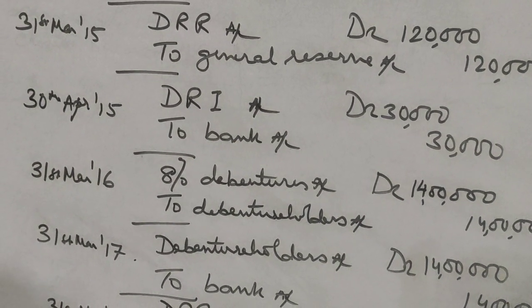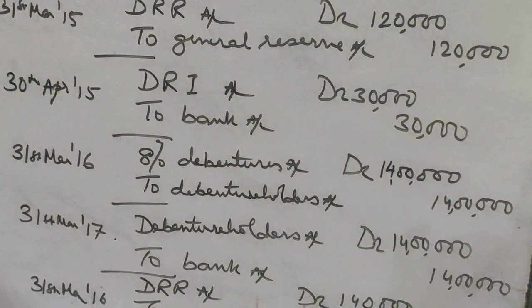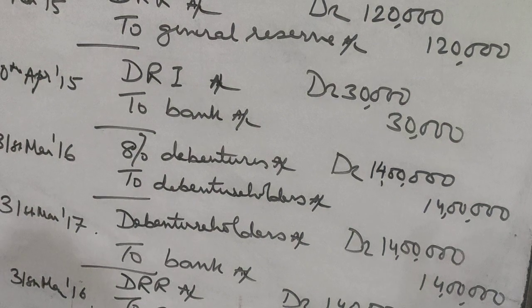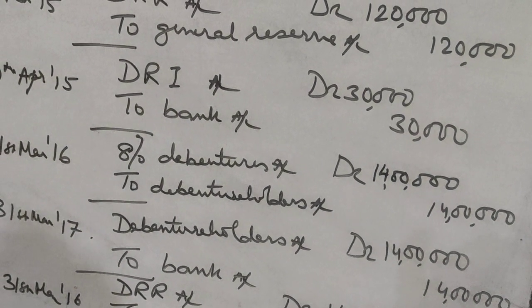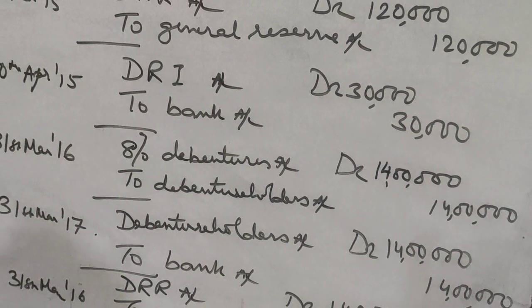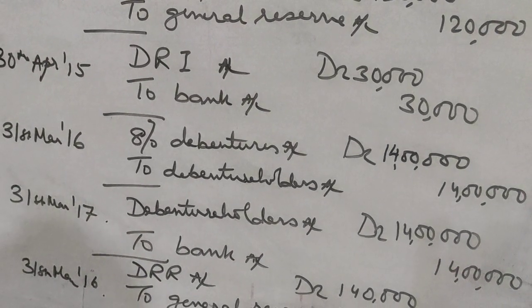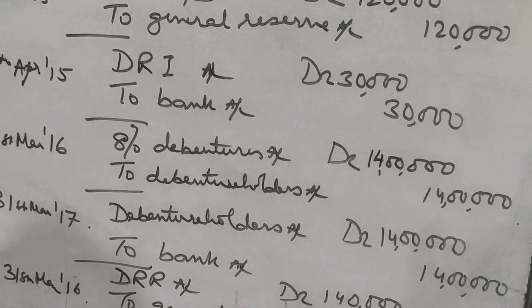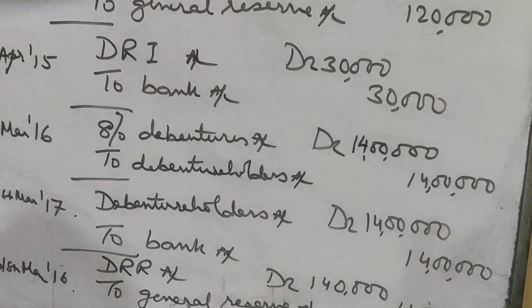So on 31st March 2016, when we redeem the debentures, the debentures of 14 lakh will be redeemed. So 8% debentures account debit 14 lakh to debenture holders account 14 lakh. Then same date, debenture holders account debit 14 lakh to bank account 14 lakh.